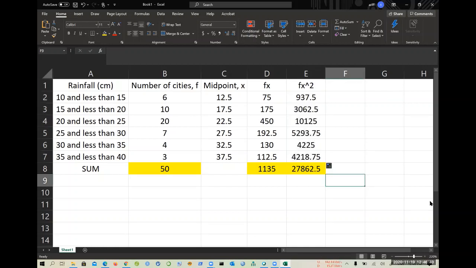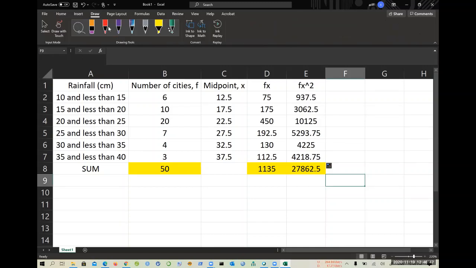So once you have the summation value, now you can find the value of x. Let me just do this first without the calculator. So summation of fx is simply 1135, and summation of fx square is 27862.5.